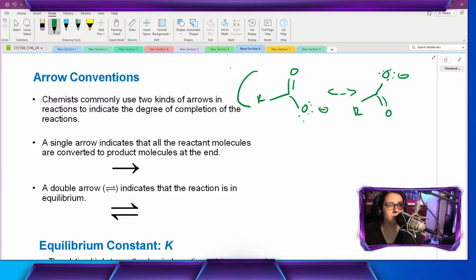So this is a carboxylic acid group, but it's deprotonated, so it has a charge. So this kind of single double-headed arrow is for resonance, for electron movement.